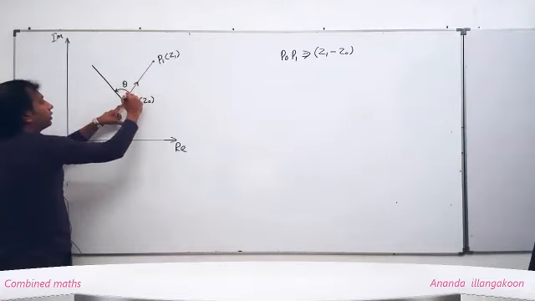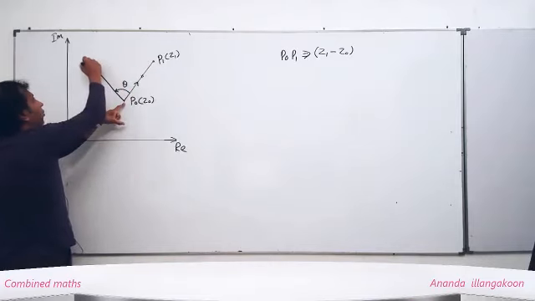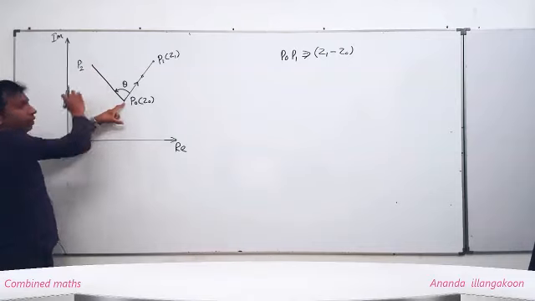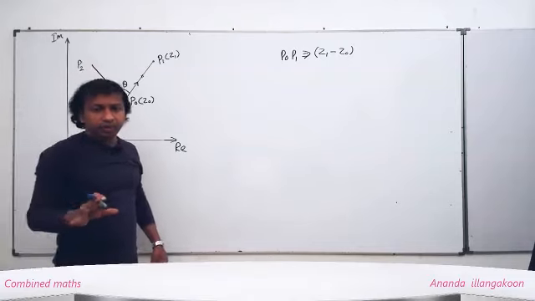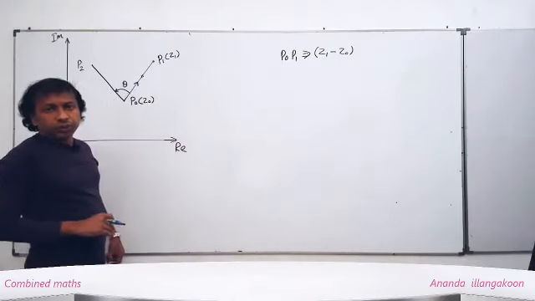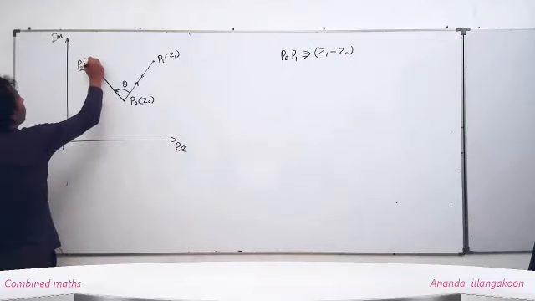Then this same line P0P1 has rotated to this position. This point I am going to take as P2, another point on the Argand plane. Any point on the Argand plane represents a complex number, so P2 should also represent a particular complex number. I am going to take that as Z2. Now I am going to find this Z2.